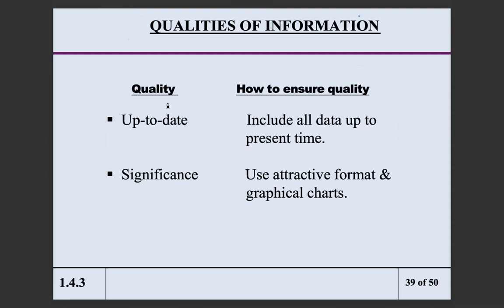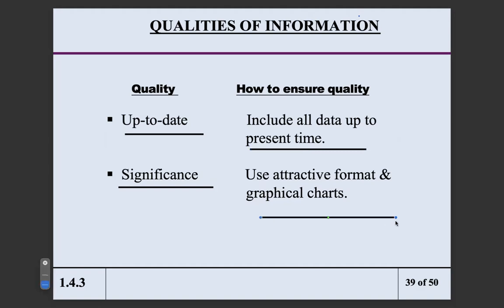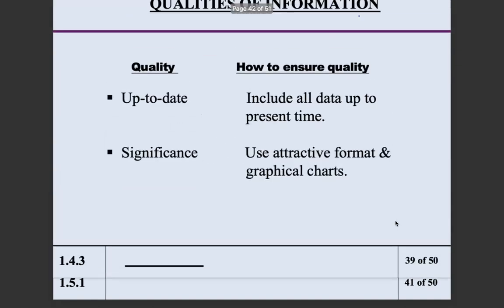Then we have up-to-date quality and the significance quality as well. For the up-to-date one, we have to include all data up to the present time. And for the significance, we have to ensure that we have used attractive format and graphical charts as well.